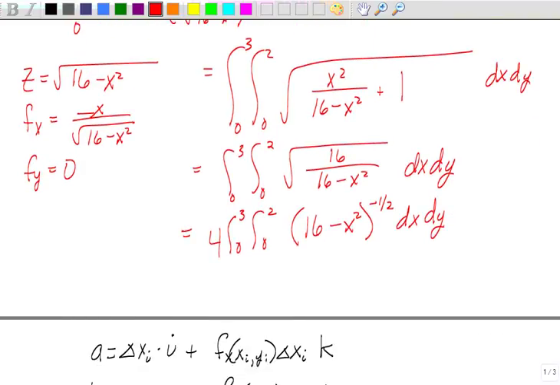Okay, in the first part, we're going to use trig substitution, or we could just use our trig table, where we have the integral of du over the square root of a squared minus u squared is sine inverse u over a plus c.